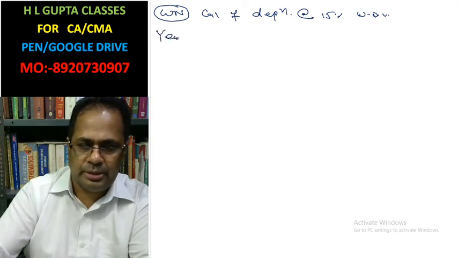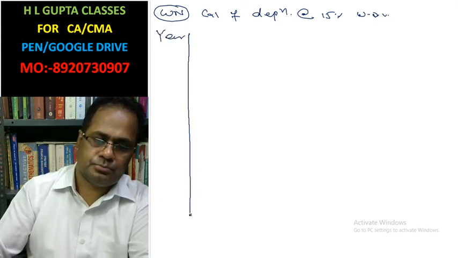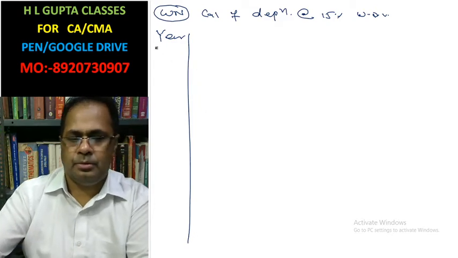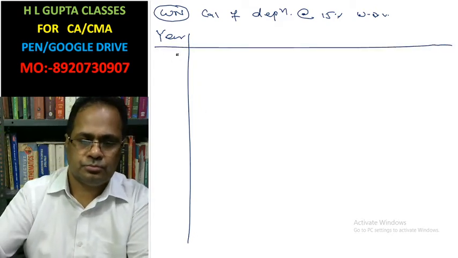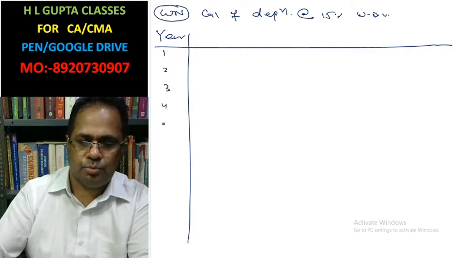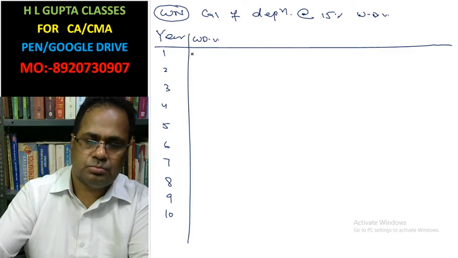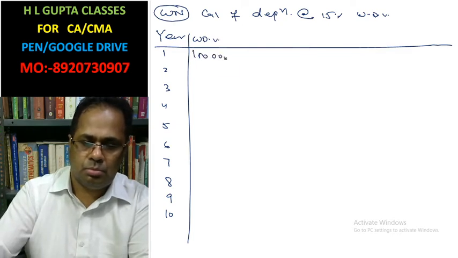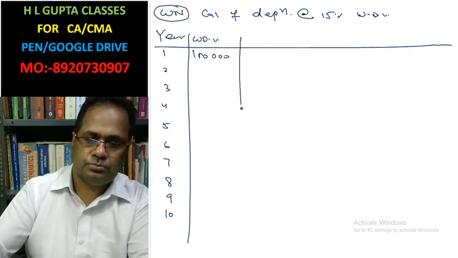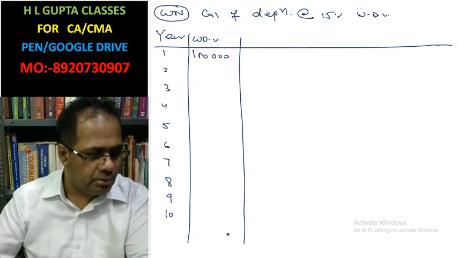You write here 1, 2, 3, 4, 5, 6, 7, 8, 9, 10. Written down value. This is a 1 lakh.